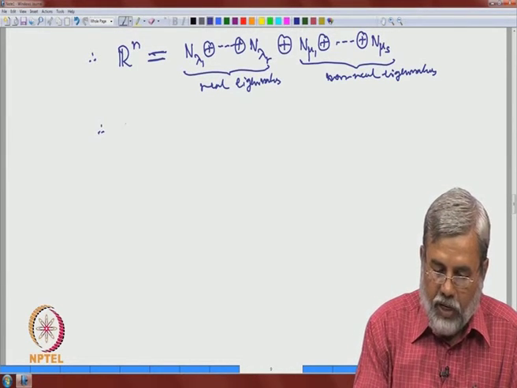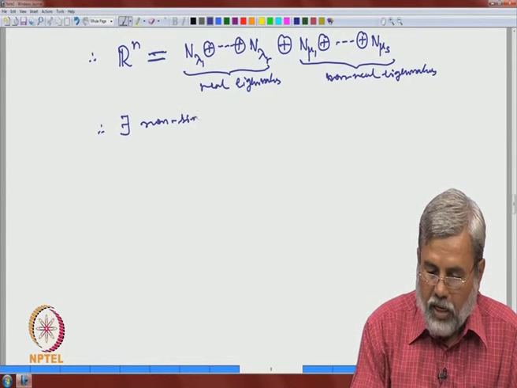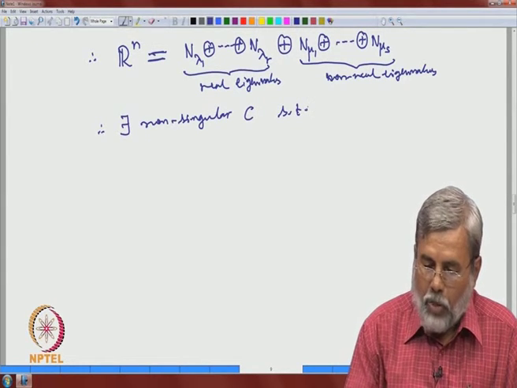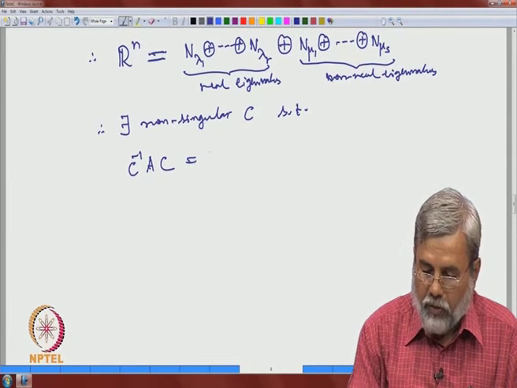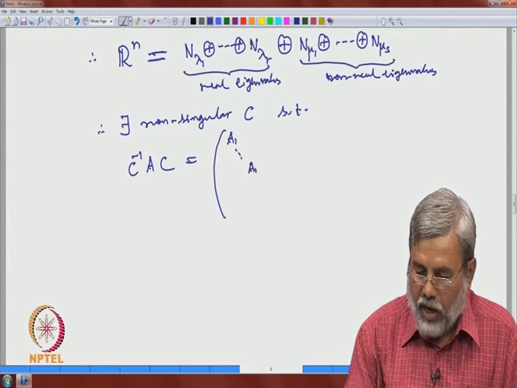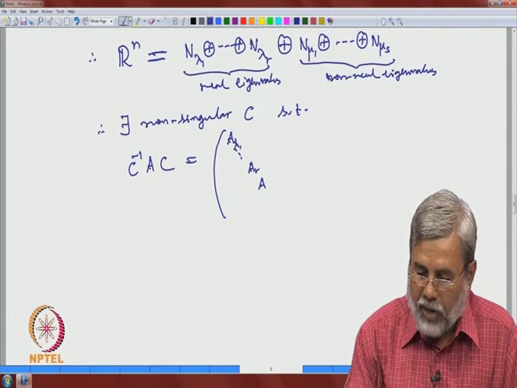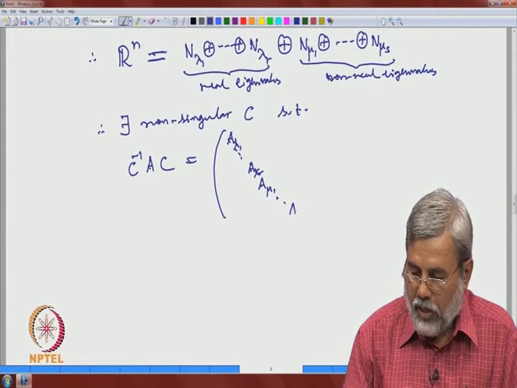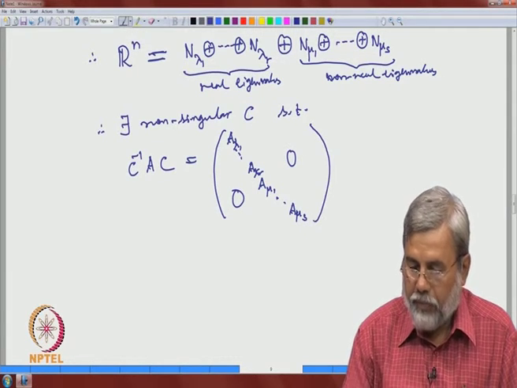Therefore, there exists a non-singular C such that C inverse A C is now block diagonal, with blocks A1, A2, up to Ar, corresponding to lambda 1 up to lambda r, and mu 1 up to mu s. Okay.